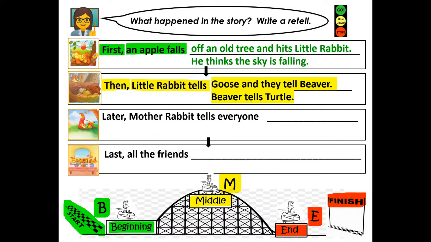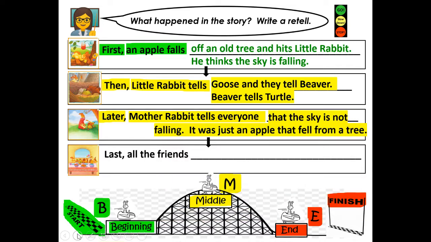Beaver tells Turtle. Later, Mother Rabbit tells everyone that the sky is not falling. It was just an apple that fell from a tree. And last, all the friends wash their hands so they can eat a meal together.